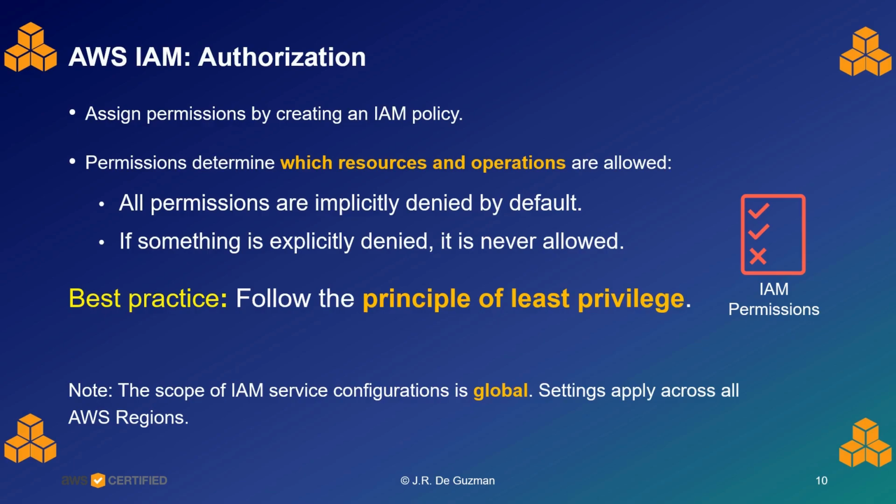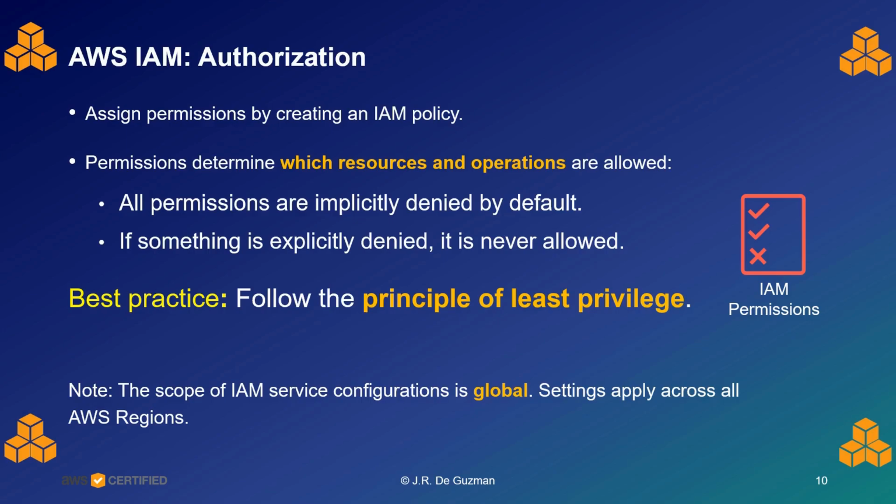The principle of least privilege is an important concept in computer security. It promotes that you grant only the minimal privileges needed to the user based on the needs of your users. When you create an IAM policy, it is best practice to follow this security advice of granting least privilege.